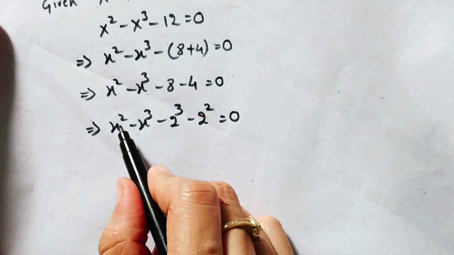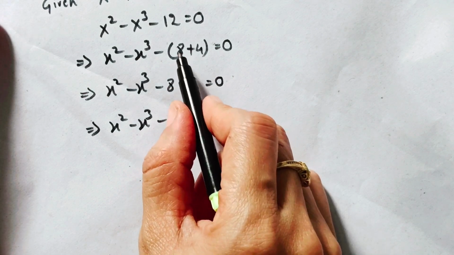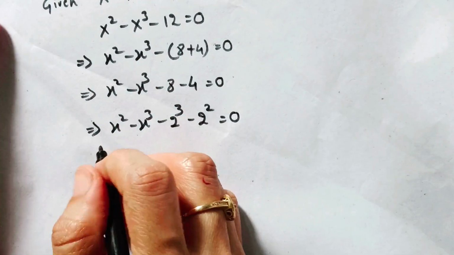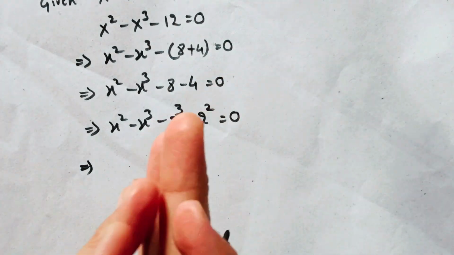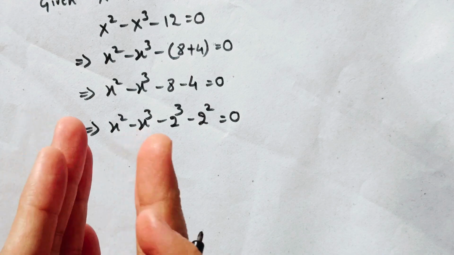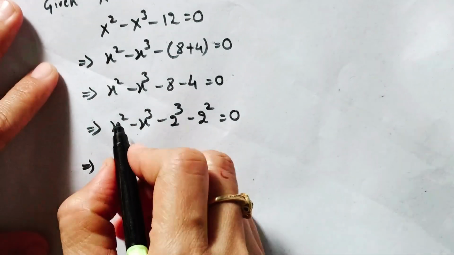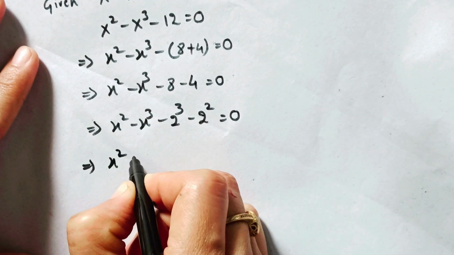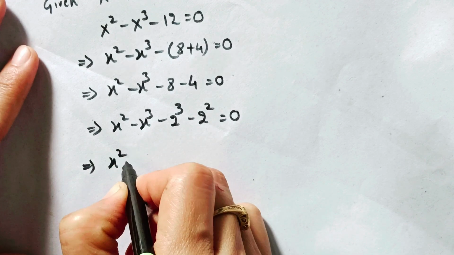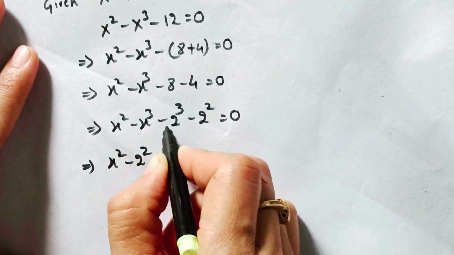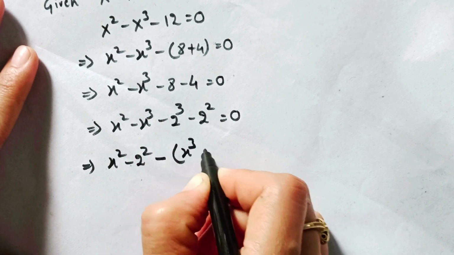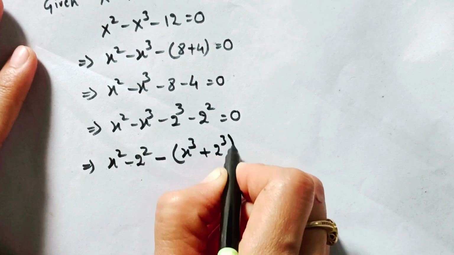To get these powers equal, I wrote this step. Next, I'll write the same powers on one side. First we'll write x square minus 2 square, then minus of x cube plus 2 cube.